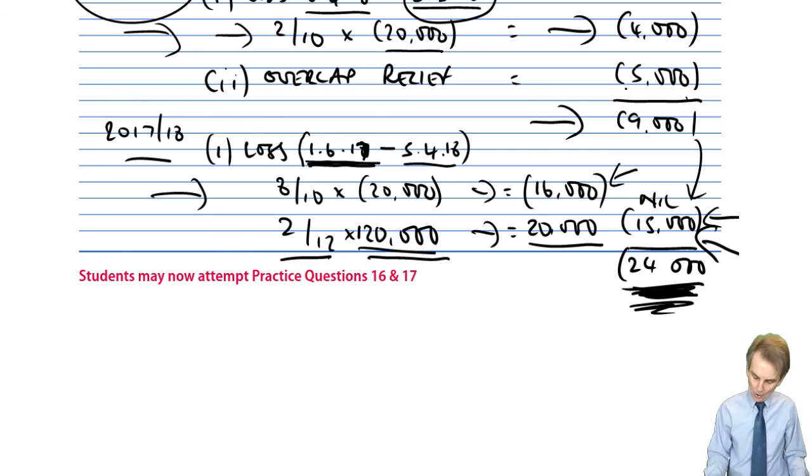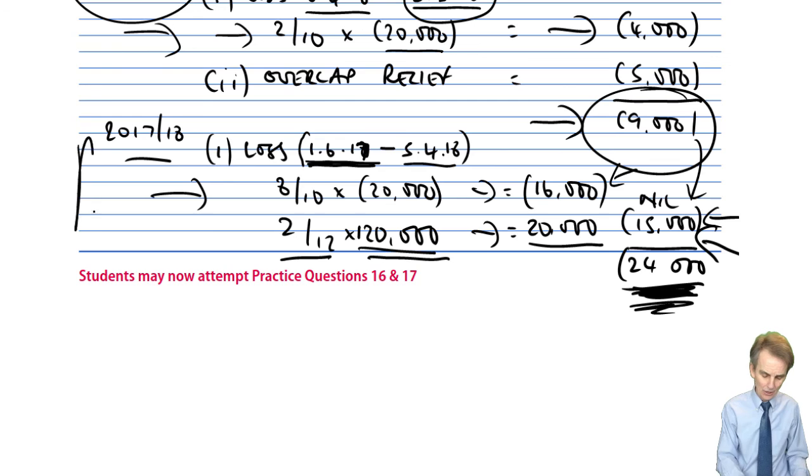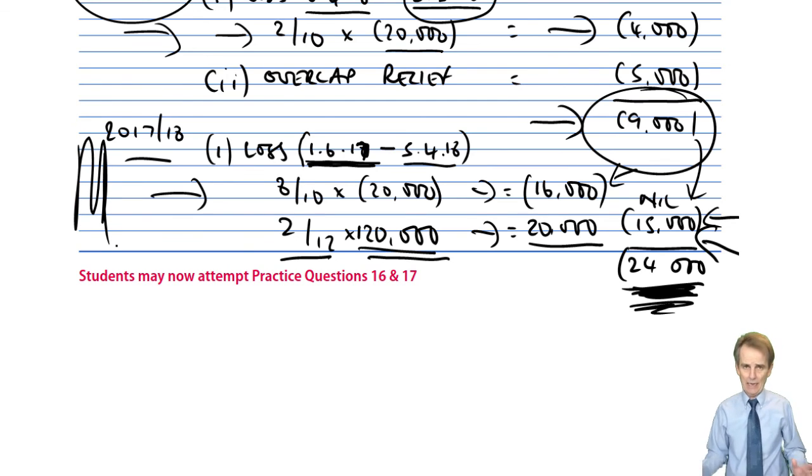What it meant was, as soon as you determined the part of the loss of the final tax year, that there was the 9,000, that loss was always going to be available for terminal loss relief. Whatever happened in this second part here didn't make any difference. You were always going to have a minimum of 9,000.